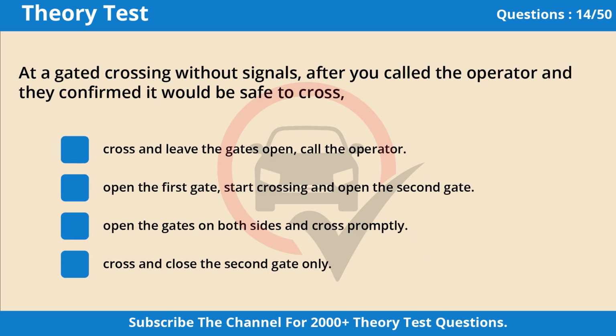Question 14. At a gated crossing without signals, after you called the operator and they confirmed it would be safe to cross, C. Open the gates on both sides and cross promptly.